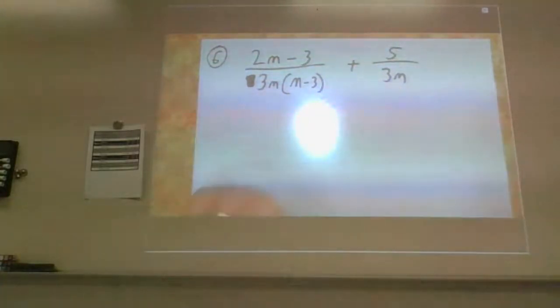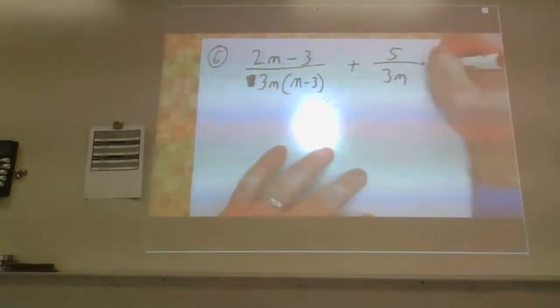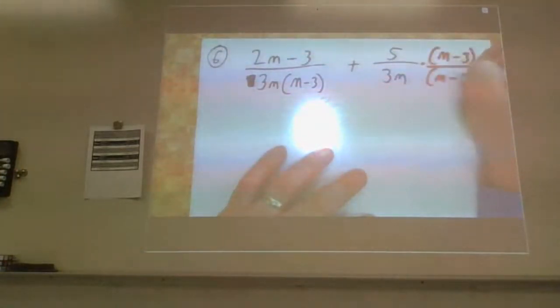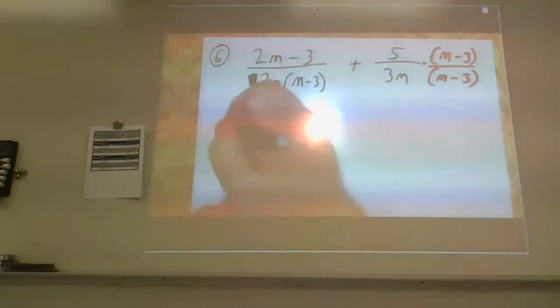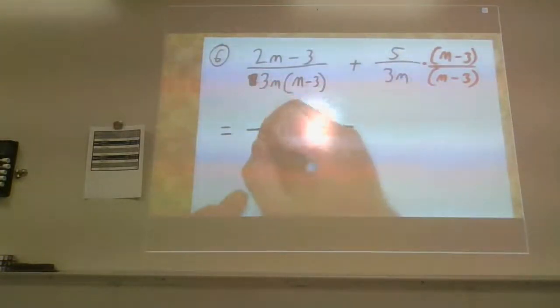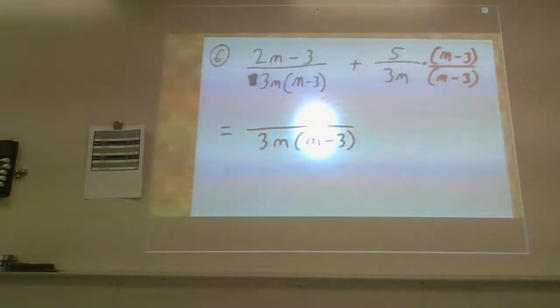It's only the second fraction that is missing a term. It's missing an m minus 3. That's all that it was missing. And once I force that common denominator, my brand new denominator will just look like this, because I have forced a common denominator between the two fractions.